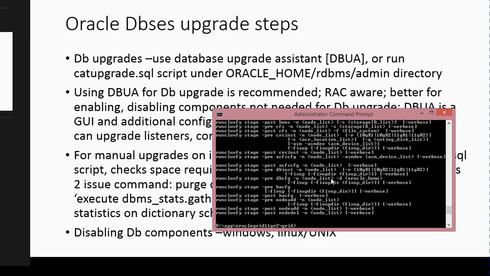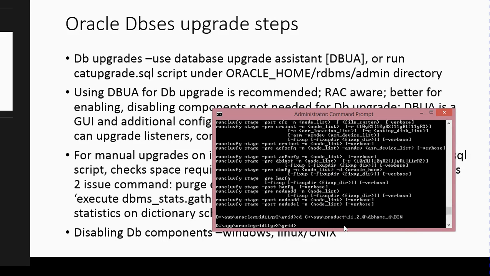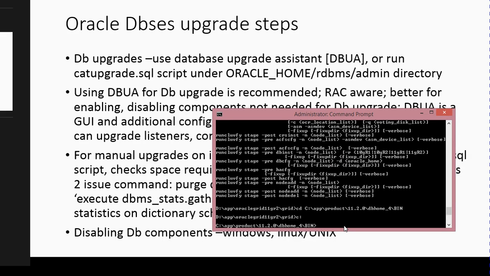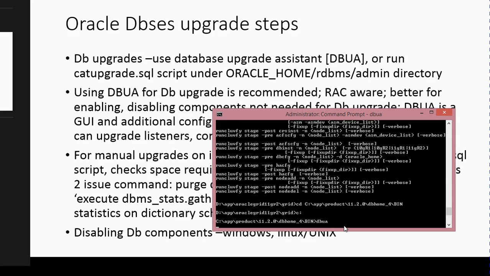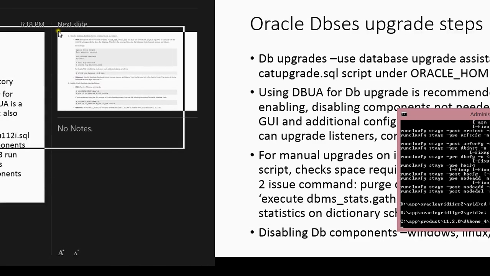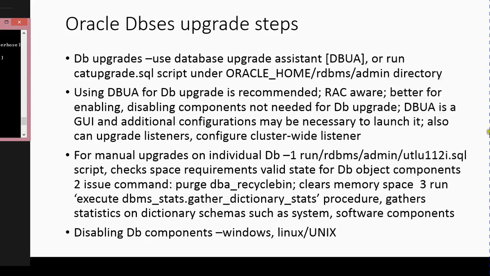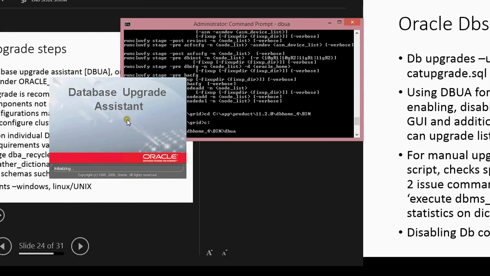So I'm going to cd into that bin directory, and then I'm going to run dbua. DBUA stands for Database Upgrade Assistant. While DBUA is being set up, I'm also going to cover how to do it manually.